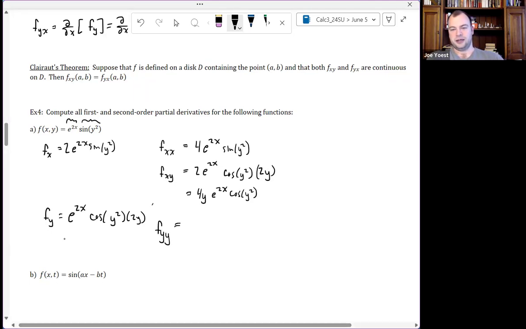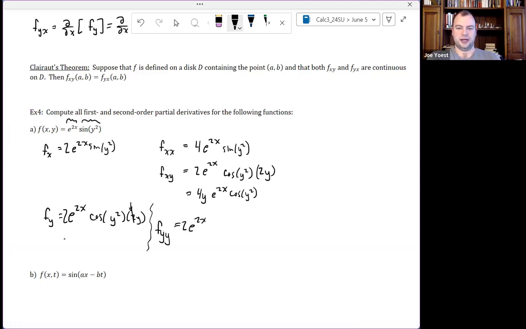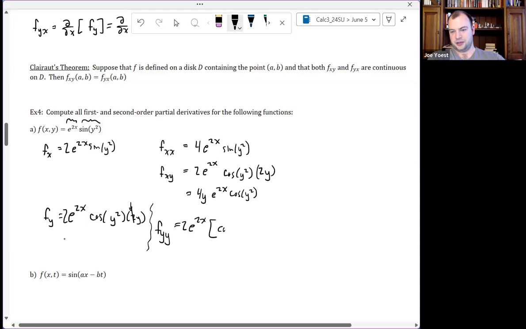So what's f_yy then? Well, that's the y partial of f_y. e to the 2x comes out. So does the 2. I'll bring this 2 out in front here. And now I need to take the partial with respect to y of cos of y squared times y. Well, I better use the product rule here. That's the first times the derivative of the second, cos of y squared times 1, plus the second times the derivative of the first.